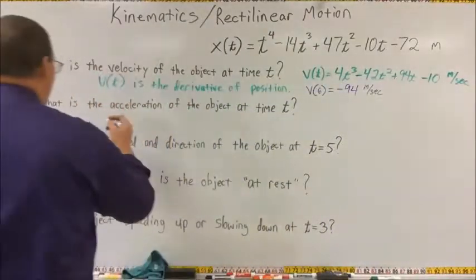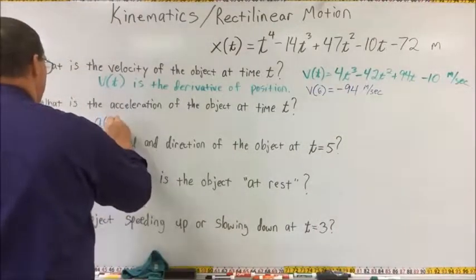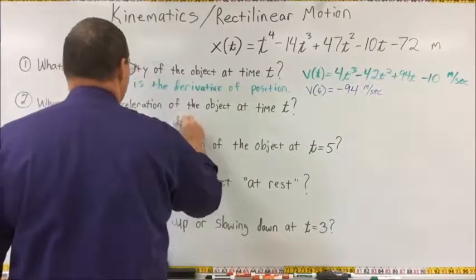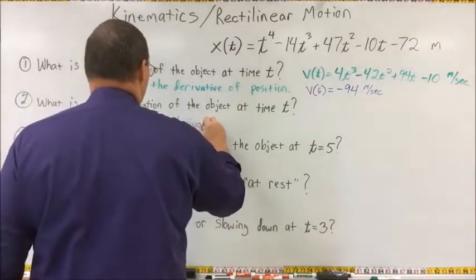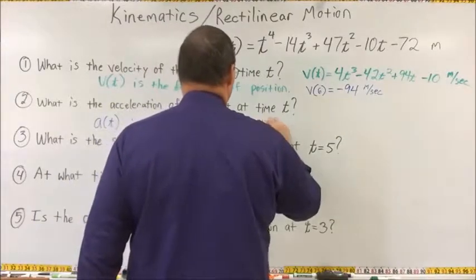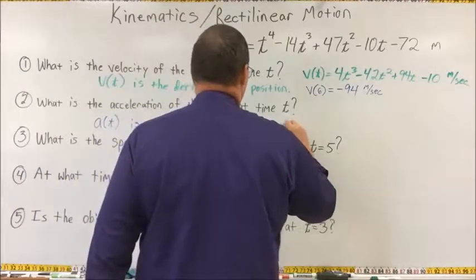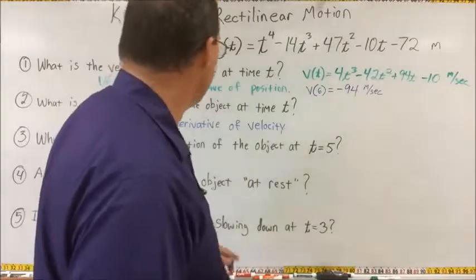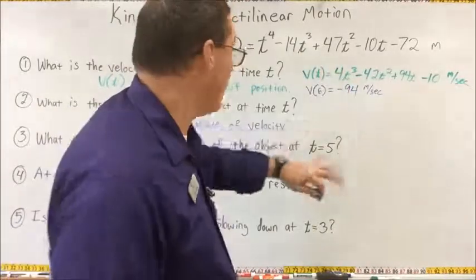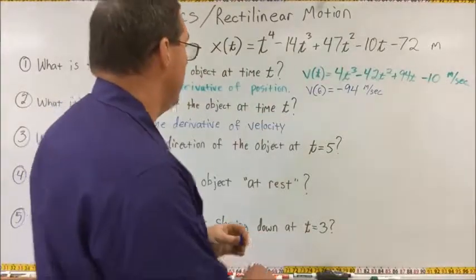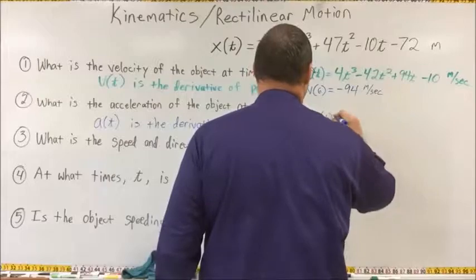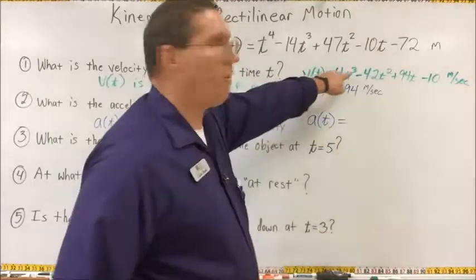We will say a of t, which is acceleration, is the derivative of velocity. That's easy enough. So that means that the acceleration of this object at any time t, we're going to call it a of t, is the derivative of velocity.